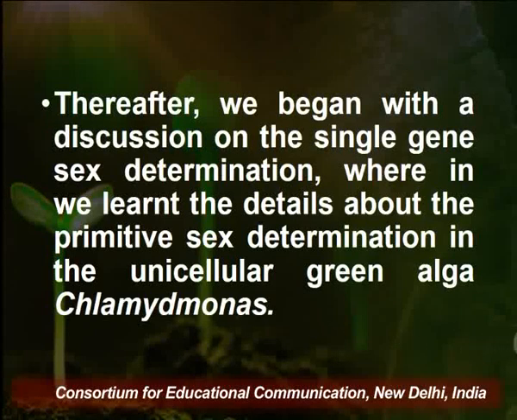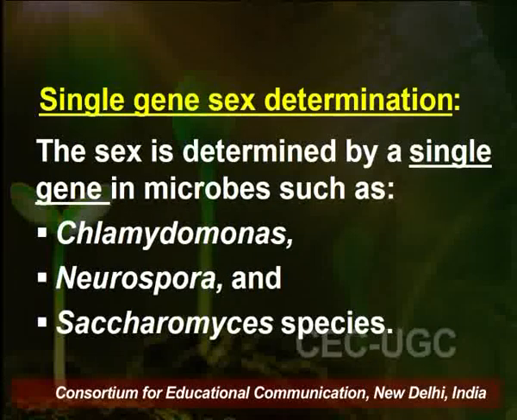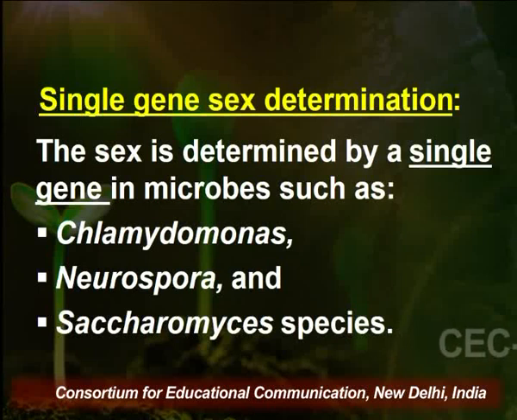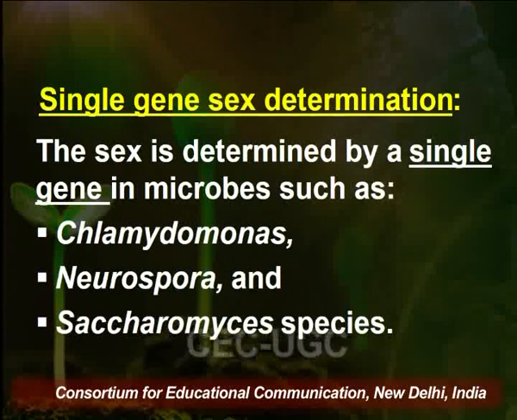Thereafter, we had begun with a discussion on the single gene sex determination, wherein we had learnt the details about the primitive sex determination in the unicellular alga Chlamydomonas, and I had told you that the sex in this case was determined by a single gene.